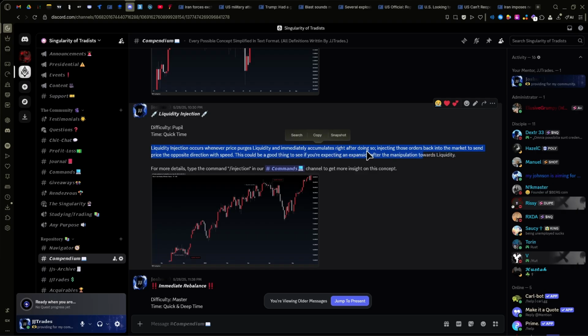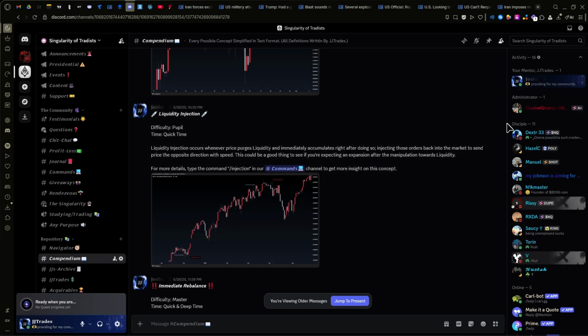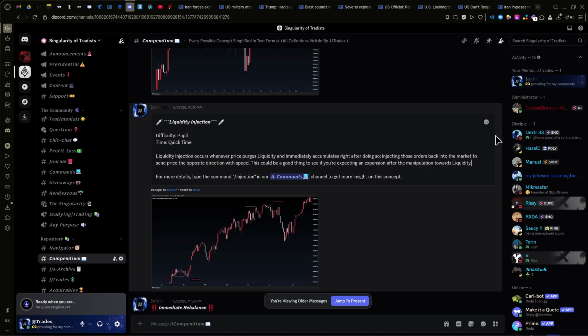This could be a good thing to see if you're expecting an expansion after the manipulation towards liquidity. What this will do, okay, I forgot to add that here, which I probably could add now, is supercharge and basically give price the volatility, accumulation, and momentum to keep going, because you're re-injecting orders back into the market. I can't really explain it, but it's like there's an active fire, you have a campfire open, right?